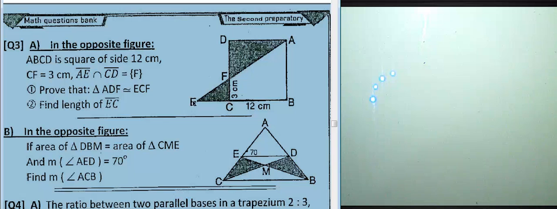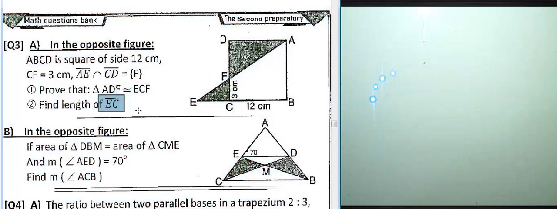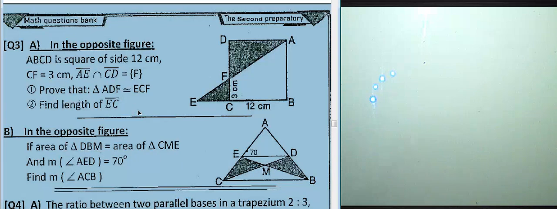AE intersects DC at F, so the measure of angle EFD equals the measure of angle EFC, vertical opposite angles. DA is parallel to BE and AE cuts them, so angle A equals angle E, alternate angles. Then triangle ADF is similar to triangle ECF, and we can find the length of EC by using the proportion of corresponding sides.